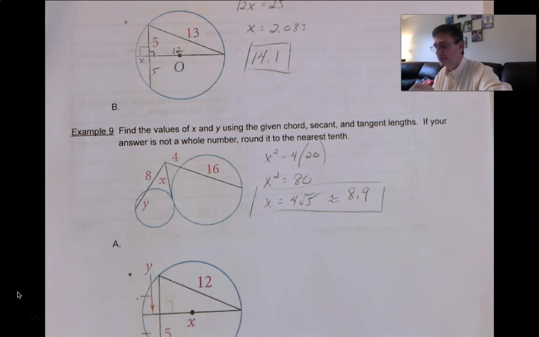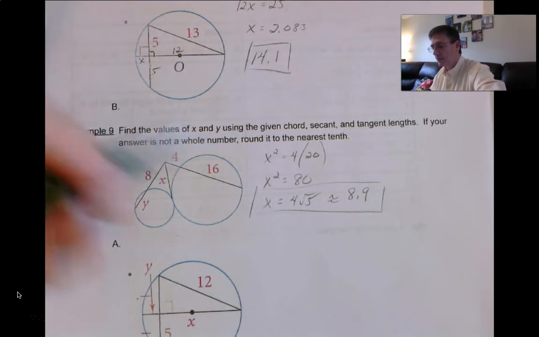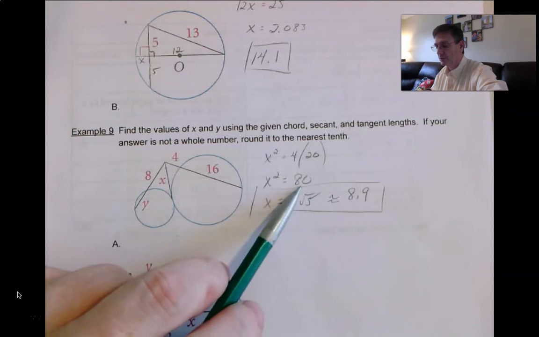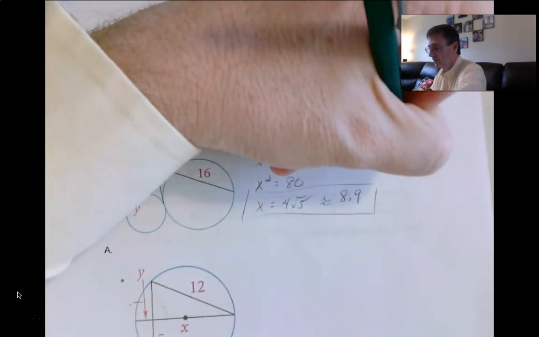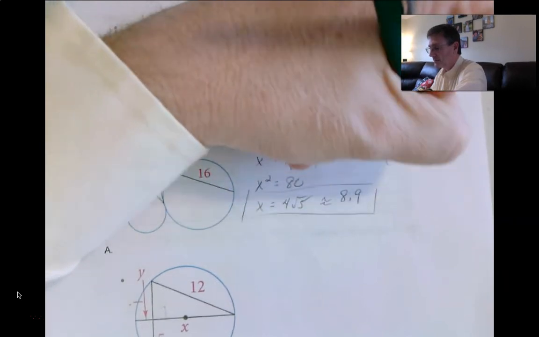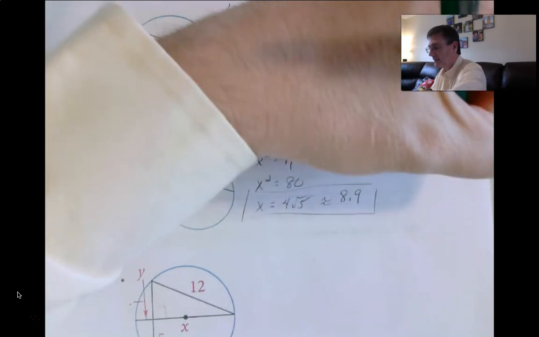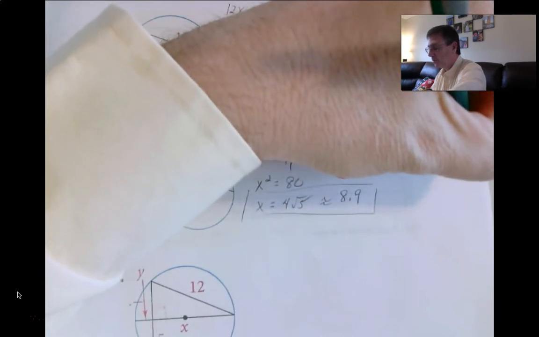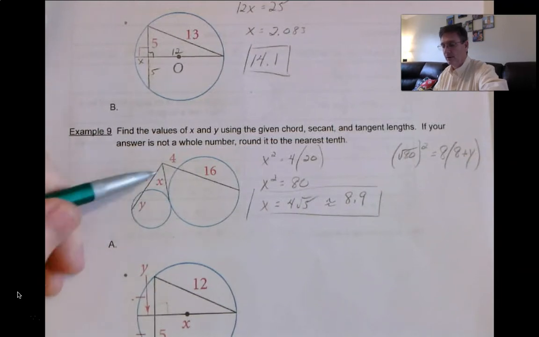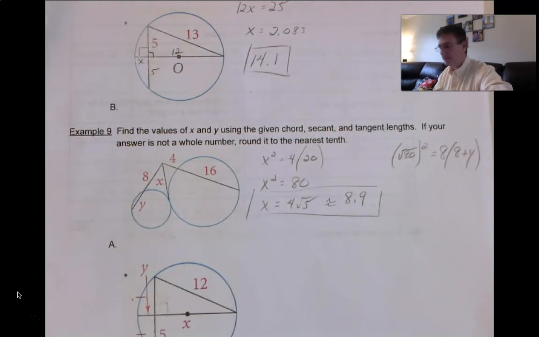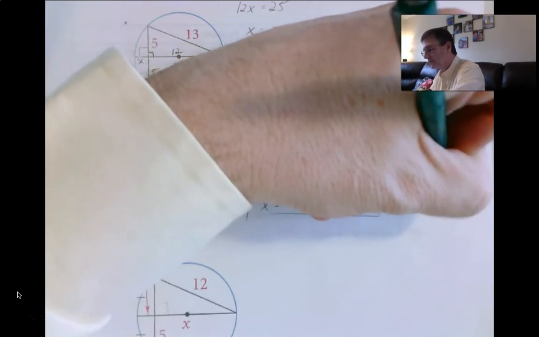Do I want to do that? I'm going to. So I'm going to do that to find the value of y, but I'm going to use the 4 square root 5 or the square root of 80 to do it. So we've got square root of 80 squared is equal to 8 times 8 plus y. 80 is equal to 64.